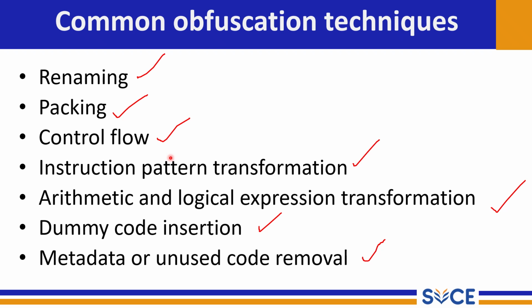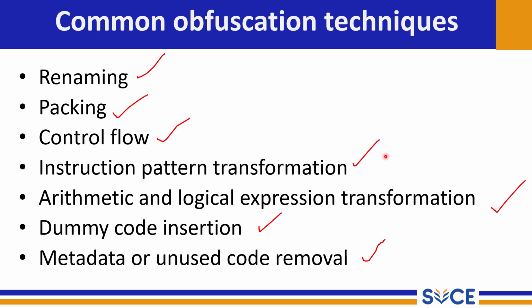That said, decrypting strings at runtime can adversely impact runtime performance, although the effect is usually quite small. And next, code transposition. This is the reordering of routines and branches in the code without having a visible effect on its behavior. Okay, so these are the common obfuscation techniques that are used.